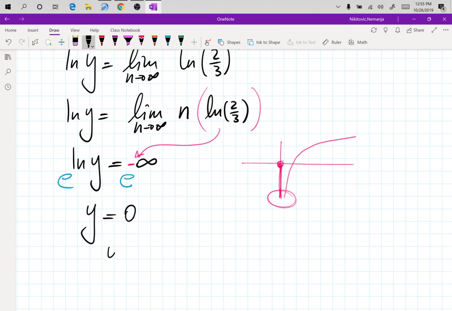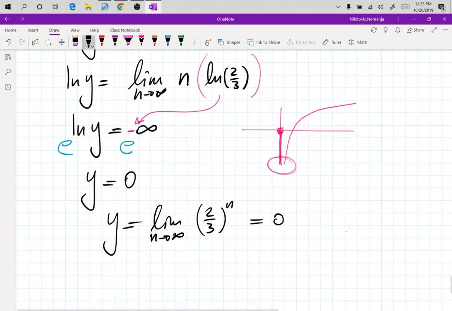And because we defined that y was the limit as n goes to infinity of 2/3 to the n, then that has to also be 0. And then we have 2 times 0 equals 0 for the whole. So the limit is not negative infinity anymore?